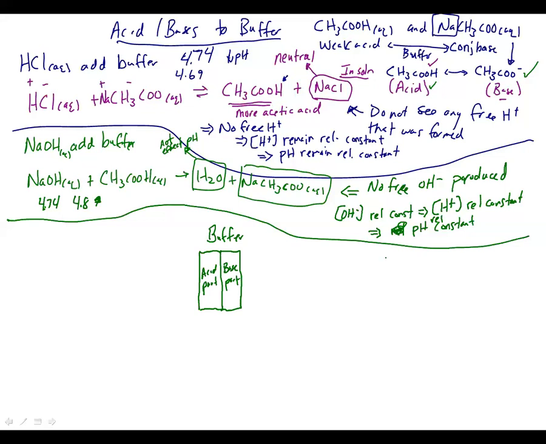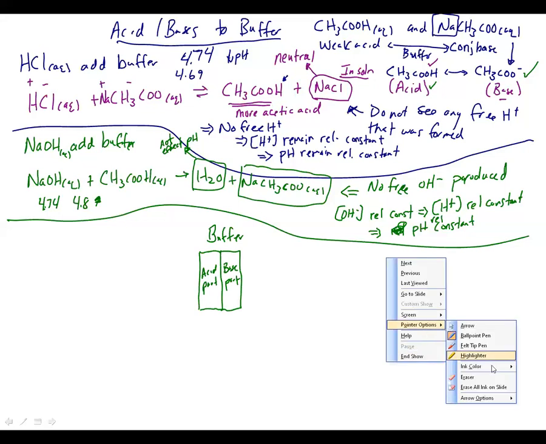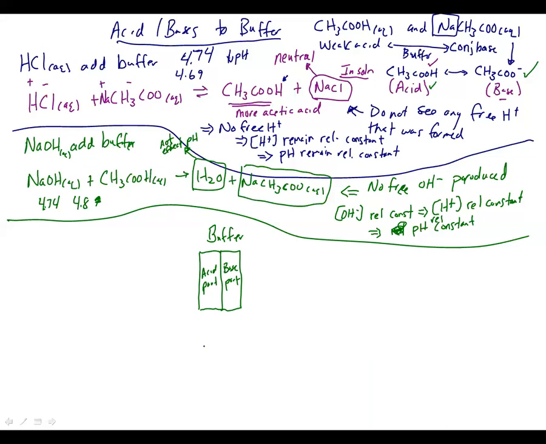A lot of times when we make a buffer, we make it sort of equal parts, keeping the acid part and the base part relatively equal to each other in terms of their concentration.